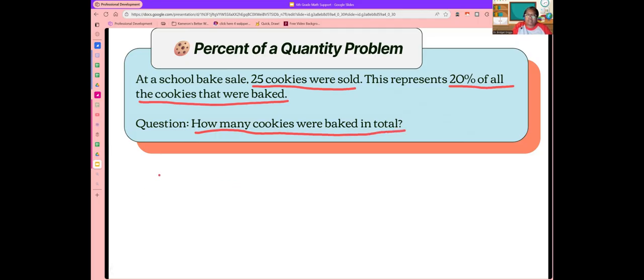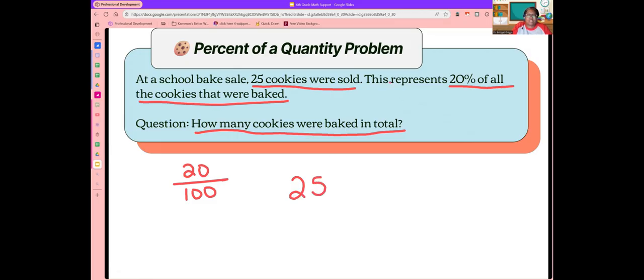Well, as it said in the objective, percent is that number over 100, so 20% is the same as 20 over 100. So this is helpful because if we look at this equation, we have 25 cookies were sold. So 25 were sold.